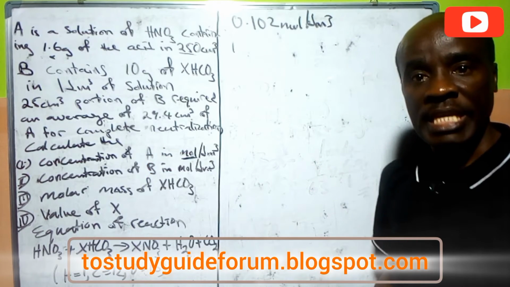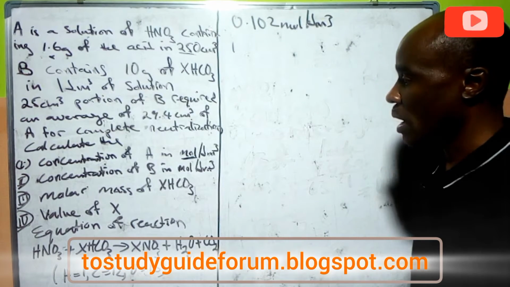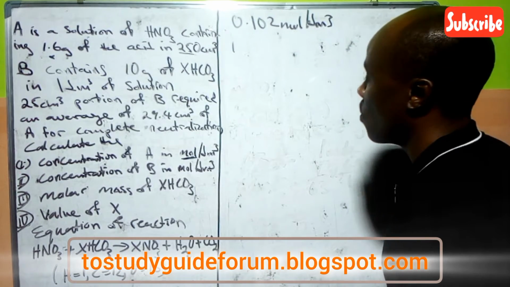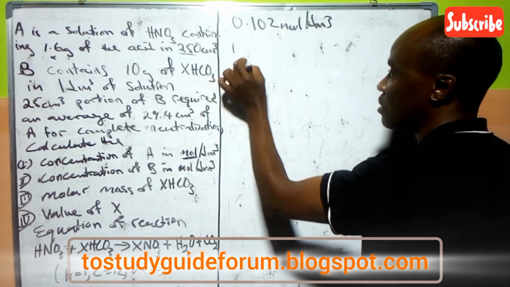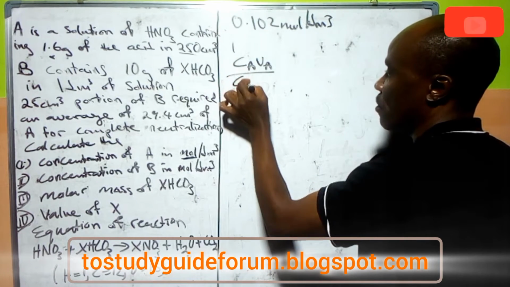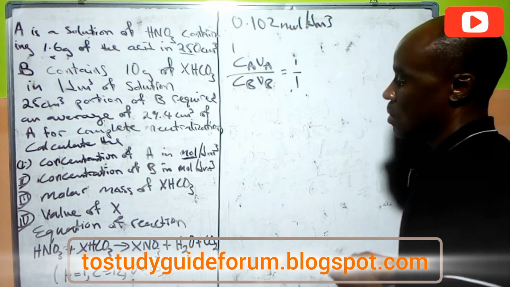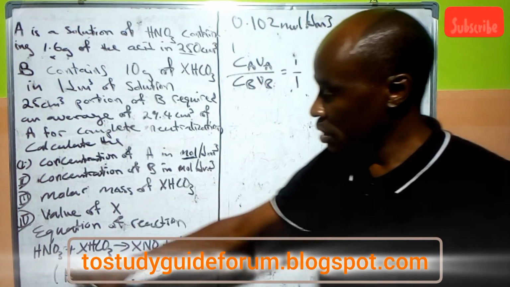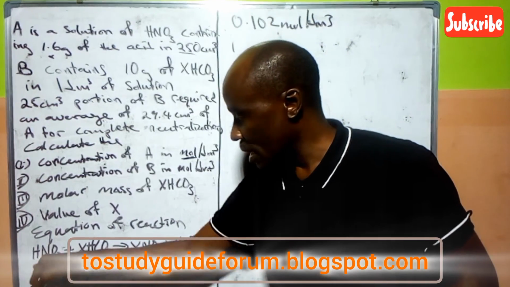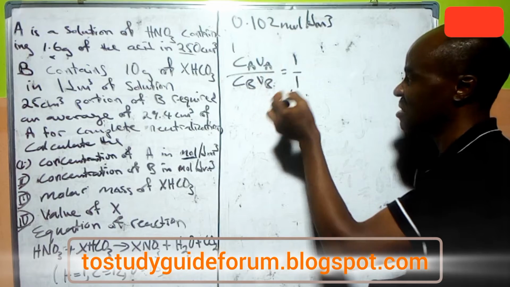since we're able to get the A, what we are going to do now is to calculate the B. So now, for us to solve the B, we need this formula. From this balanced equation, we find out that the mole ratio is what? 1:1. I've already written that there.